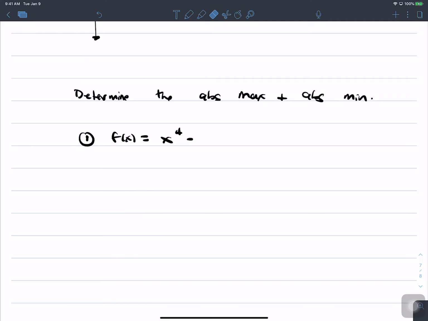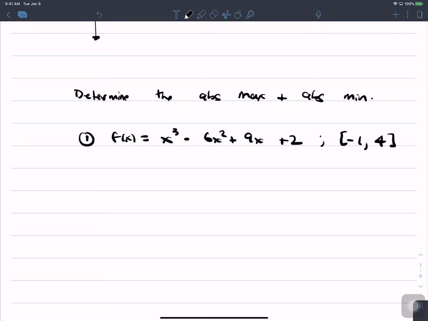Okay, I'm going to do x cubed minus 6x squared plus 9x plus 2 over the interval -1 to 4.